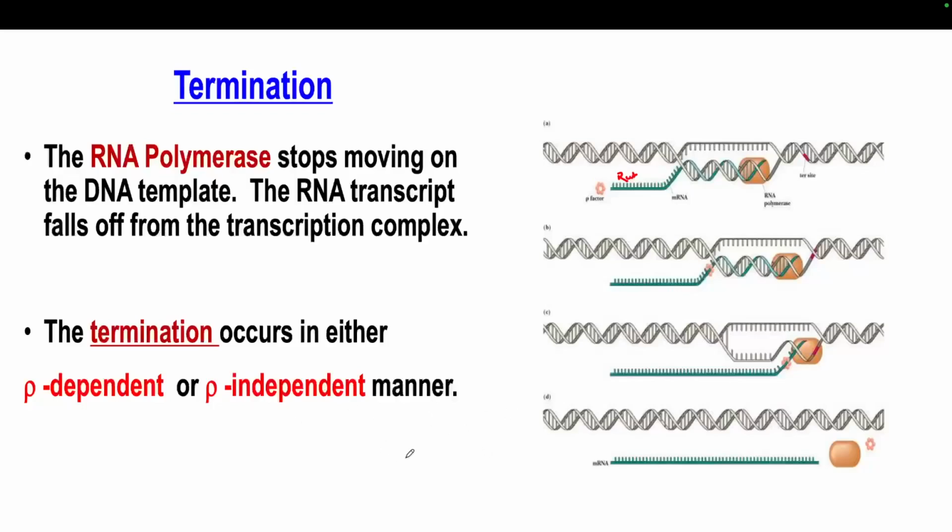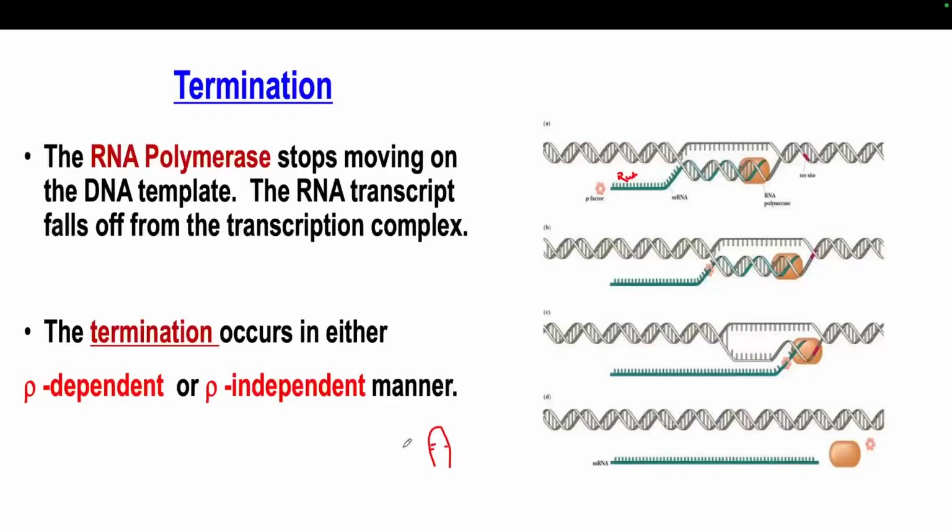In the case of the rho independent manner, in this mRNA a hairpin loop will be created because of complementarity between same-type nucleotides. It will create complementarity, so that's why the RNA will form a hairpin loop like structure. When this structure forms, the RNA polymerase gets the signal that RNA synthesis should stop here.